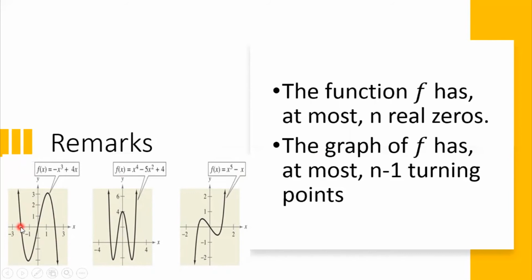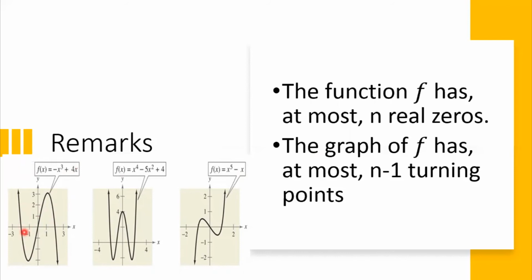We count the real zeros: this point here, and this point. Meaning we have how many zeros? We have 3 zeros. In this case, we have exactly 3 zeros.